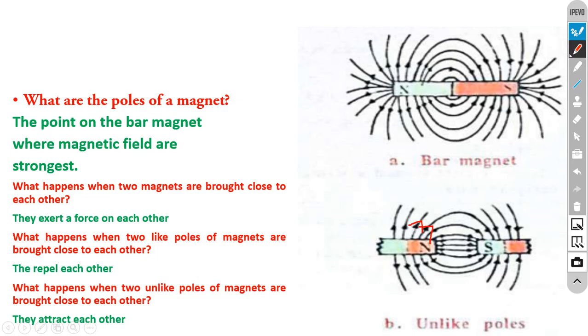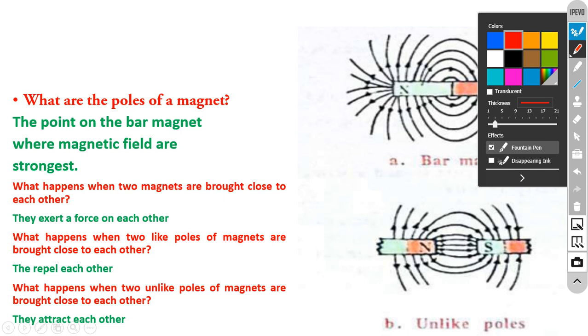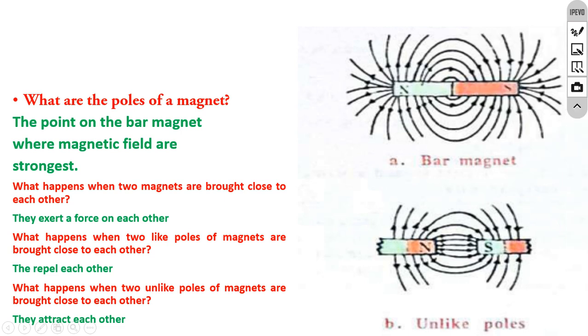So you see the arrow coming out from the north pole and terminating at the south pole. If you draw the arrow from the south pole, then it's not correct. Take note of that. Okay, so let's move to the next slide.